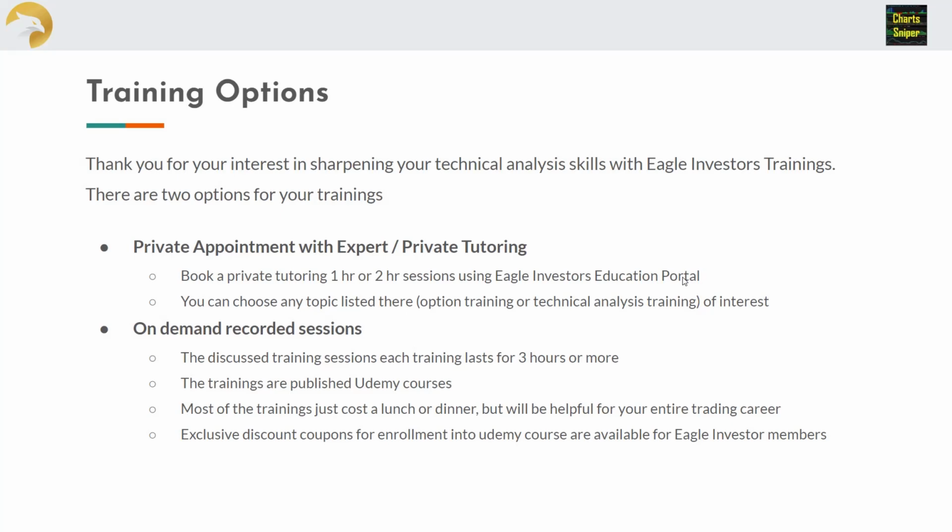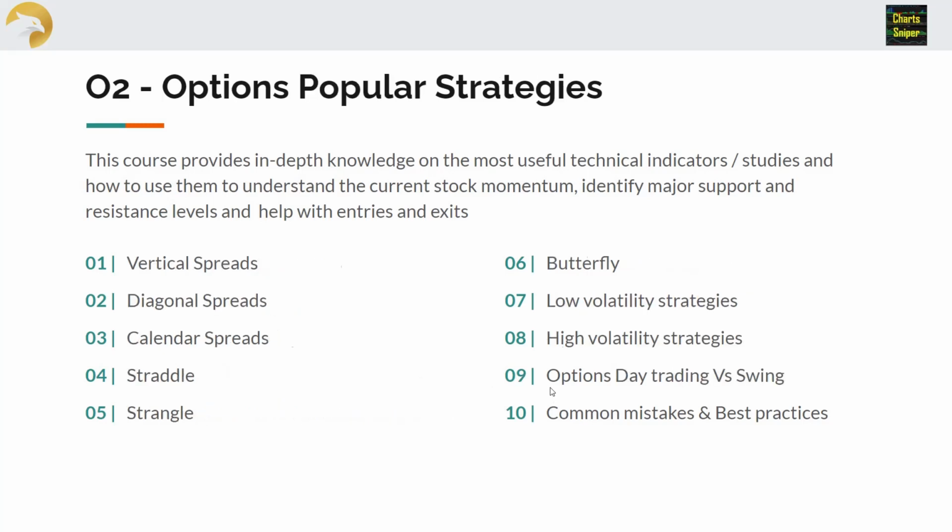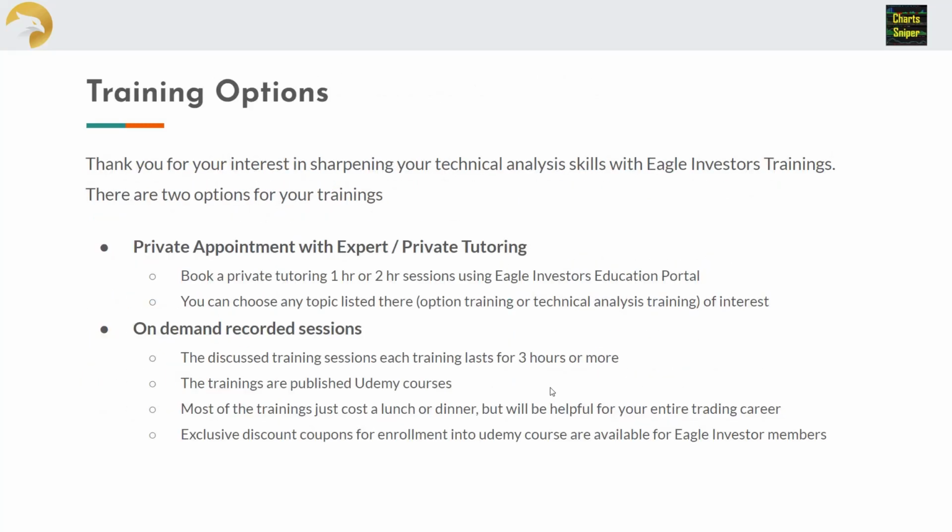If that's not an option, then there will be on-demand recorded sessions. Each session will last 3 to 3.5 hours, going in depth into all this content and more in each of those training sessions. These trainings are published as Udemy courses, and they cost very little for the amount of knowledge you're gaining.